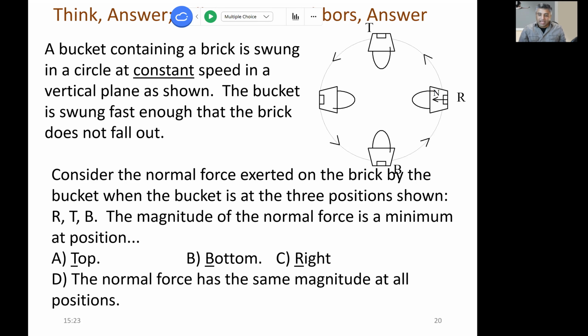So anyway, now there is this question, folks. You have 2 minutes and 30 seconds. If I were you, I'd draw the free body diagram for each of those spots. Remember, we talked about free body diagrams. But the object of interest is the brick inside that bucket.